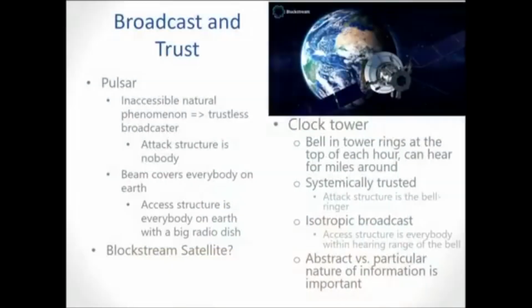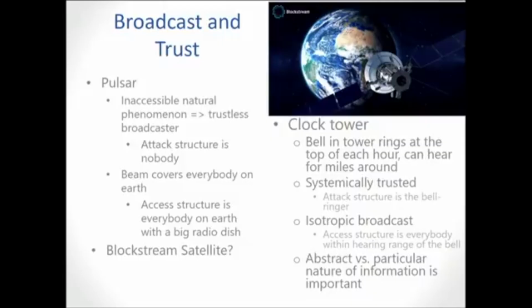Talking about broadcast and trust, there's actually very little in our communication that's fully trustless. I'm going to talk about two ways to broadcast a time signal. One of them is the good old-fashioned clock tower, where the bell ringer rings a bell to tell you what time it is, and the other is a pulsar.